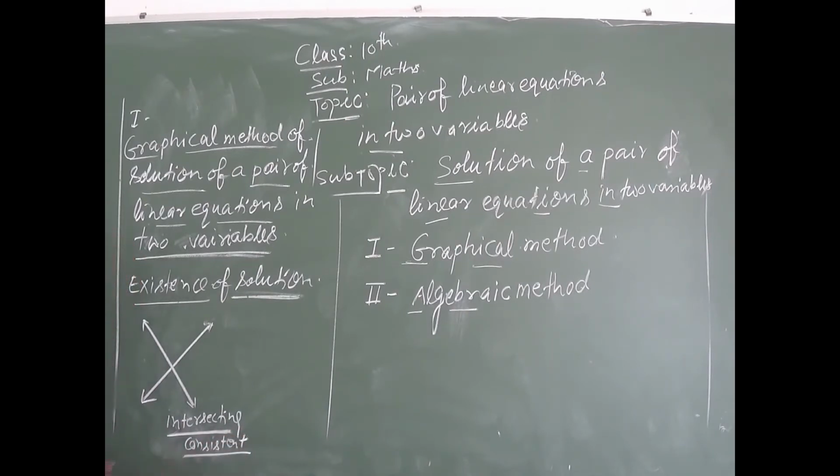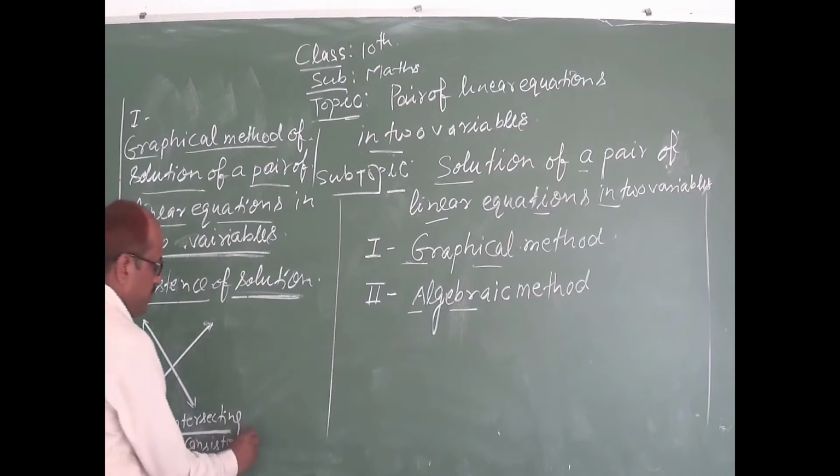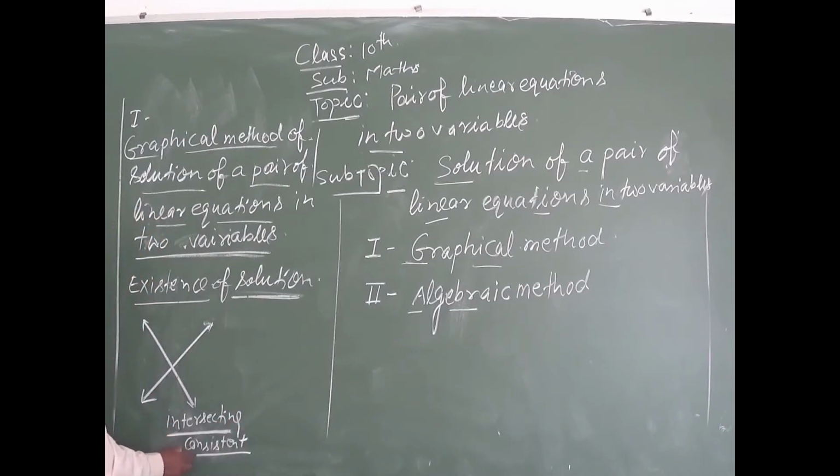Consistent means if a pair of linear equations is consistent, then it has a unique solution. So in the case of consistent, we can say this pair of linear equations has a unique solution.